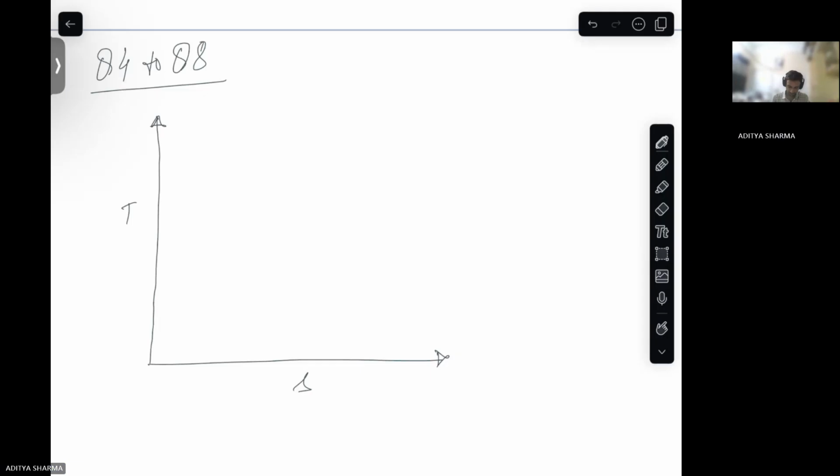Okay. So two compressors are there. So let's say this is first compressor. Then this is second compressor.